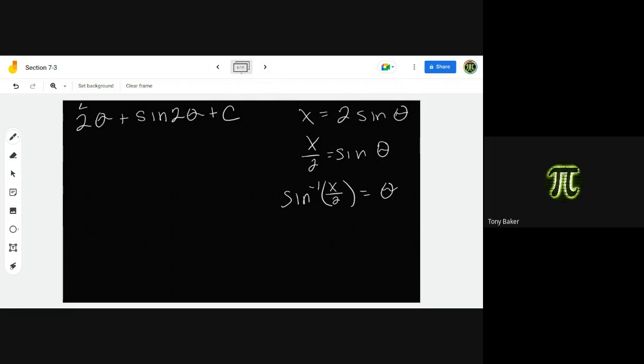So for this problem, we're going to stop here. You're going to see in a minute we're going to go further than this, but for right now, I'm going to stop here for this one. It's just going to look really messy.